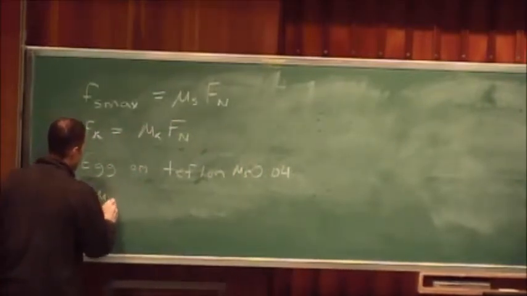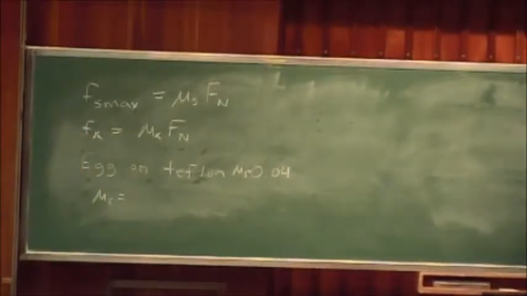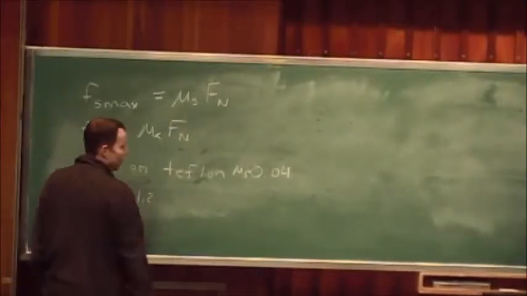Now, one of the things they talk about in the book is, for example, rock climbing shoes on rocks. That would be a situation where you want a very high static friction, and that can be as high as 1.2.